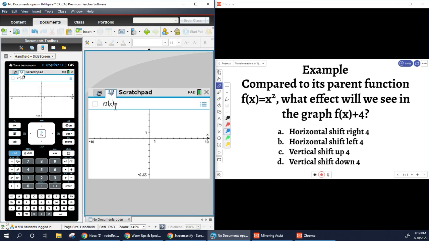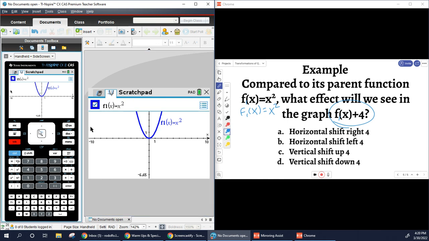I'm going to type in here under f1, x squared. This is the parent function. Okay? I want to change this parent function. We're going to call this f1 of x, and my calculator will store it as x squared. I want to know what happens when I take the parent function, f1 of x, and we add 4. So we're going to add another function here.